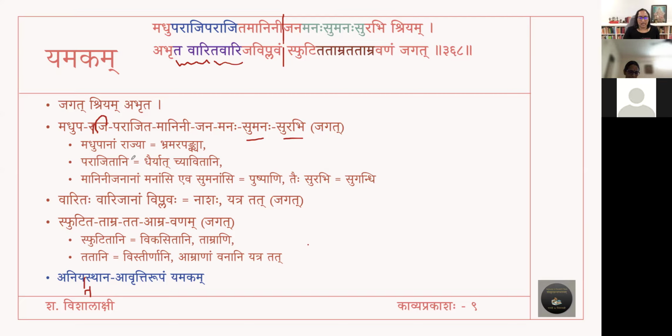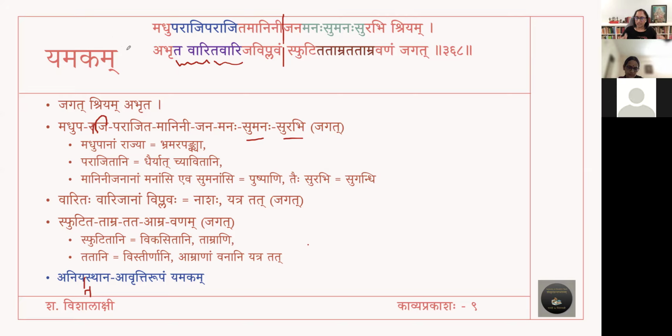This is Aniyatasthana Avritti Rupakam Yamakam. I hope in your text also they have only given that. Yeah, it says Aniyata Pada Bhaga Vritti Rupaha. Okay. Pada Bhaga. When you look at the Bhagam, there are no specific divisions of the Bhaga. It is easy to split it into 3 or 4 because it is a 12 akshara vrittam. There are totally 12 aksharas per pada.